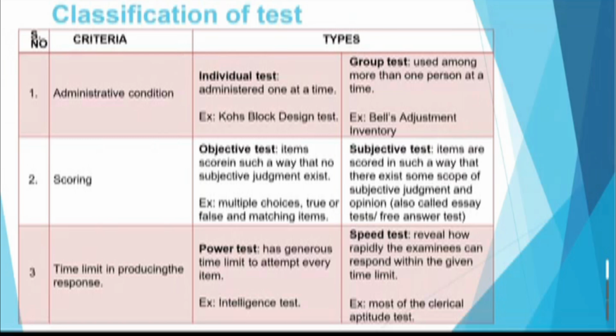You'll be given some 90 minutes or 2 hours, and lots of questions of differing difficulty. You'll be tested on how fast you attend and how quickly you respond correctly. That forms your score. And then there is a power test.